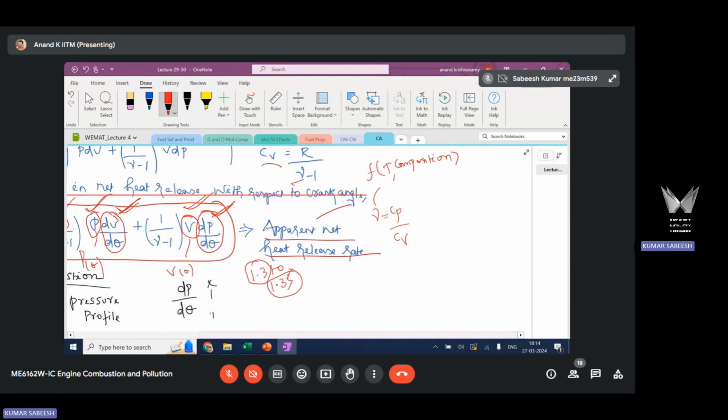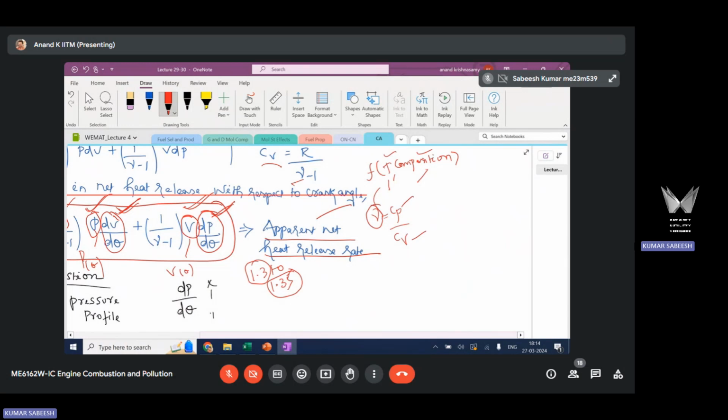Okay, so gamma is a function of both because gamma is dependent on Cp and Cv, and both Cp and Cv are strong functions of temperature as well as composition of the combustion products inside the cylinder. So we know that with respect to time, temperature varies inside the cylinder, and composition also varies inside the cylinder. So gamma, from this perspective, is one of the complex terms in this dQ/dθ equation.